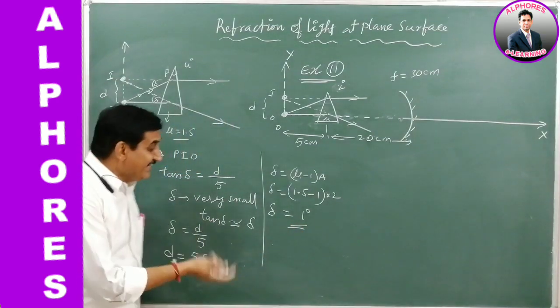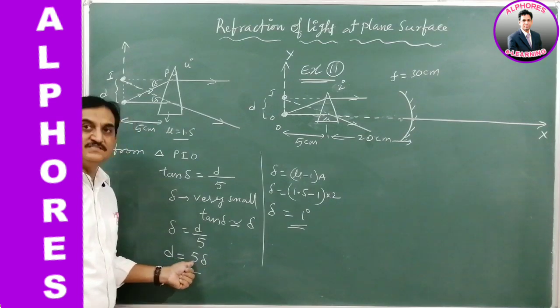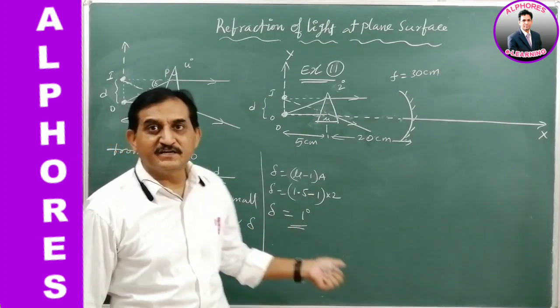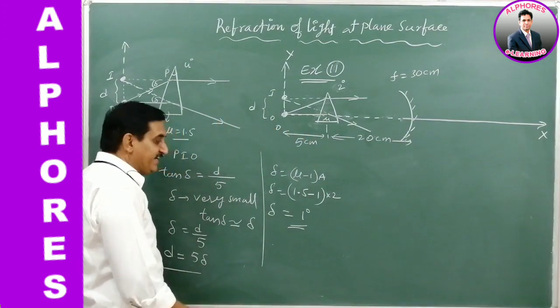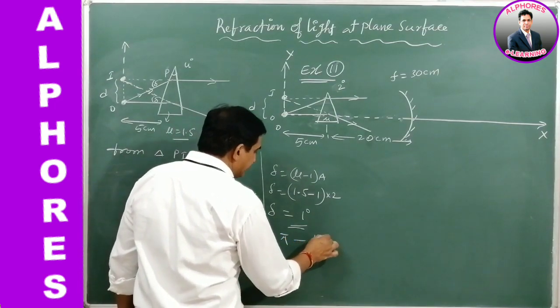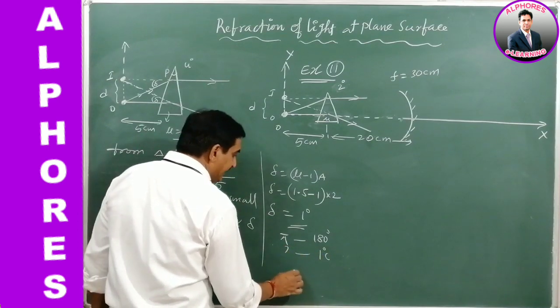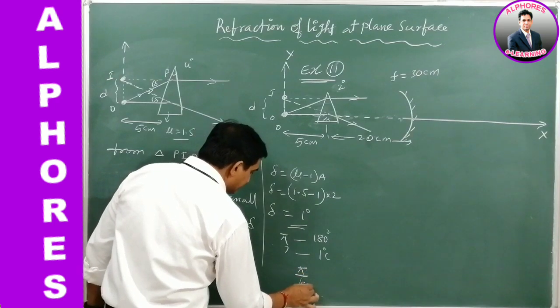This is in degrees, but here the length is in centimeters. We should convert this deviation from degrees into radians. We know that pi radians equals 180 degree. Then 1 degree will be equal to how many radians? So pi by 180 radians.